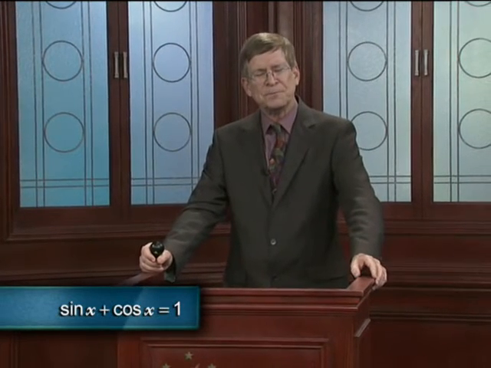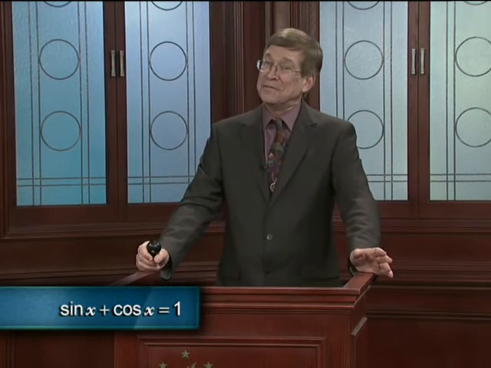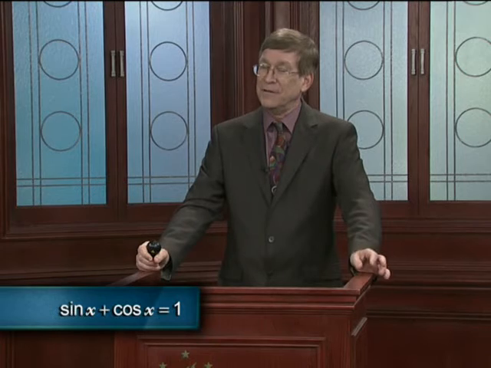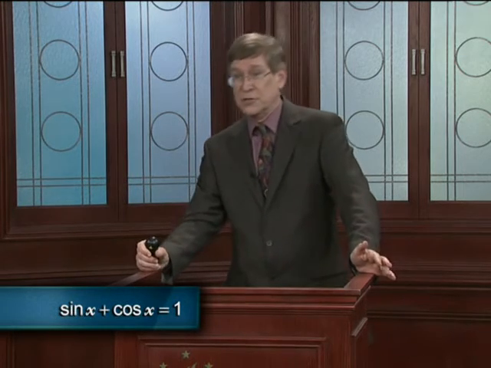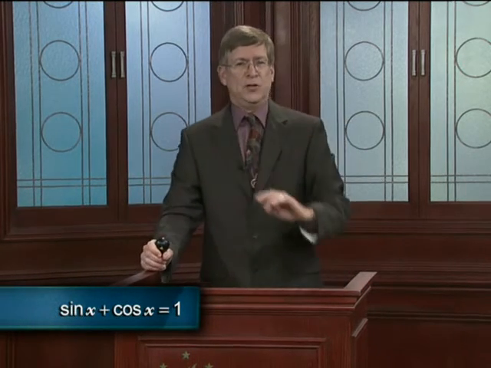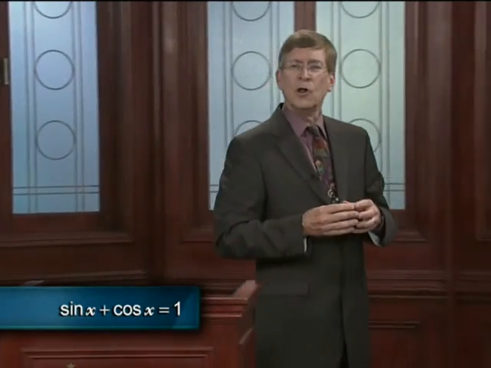Is it always true? Now, it kind of looks familiar, doesn't it? Remember the fundamental identity, sine squared plus cosine squared is 1, but this is a different equation. Is it true for all x? Well, I bet you suspect no. You're probably saying, no, I bet you that's not true. But here's a question. How do you prove that it's not true?